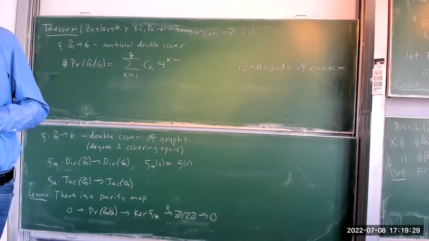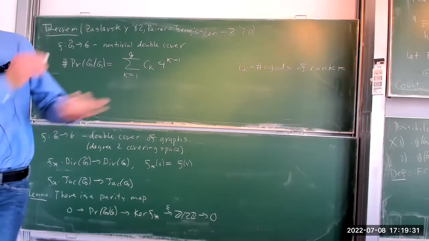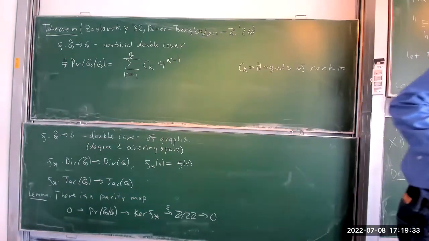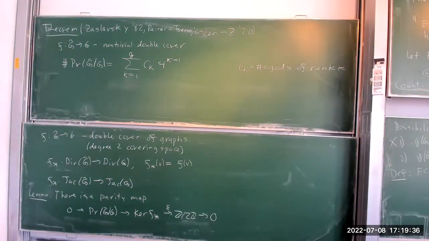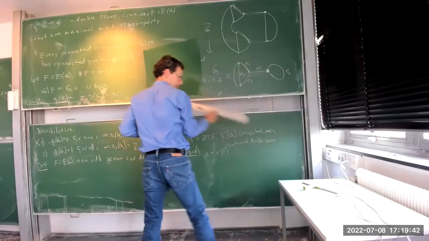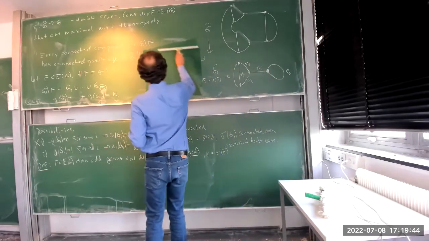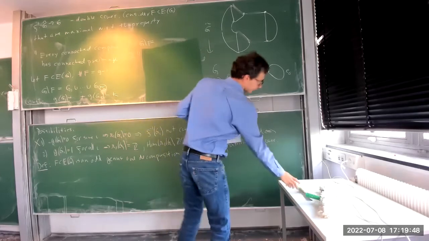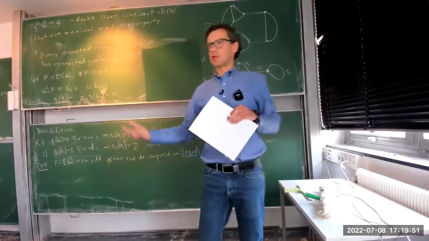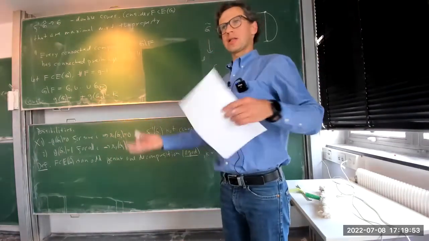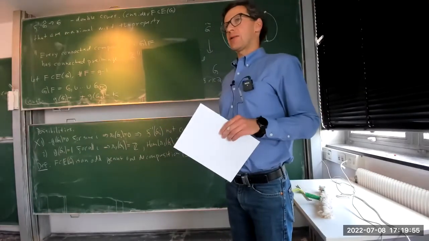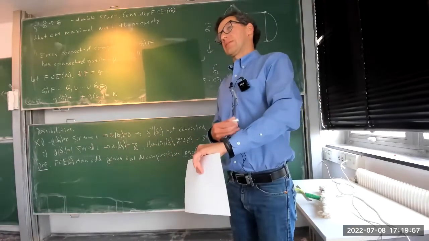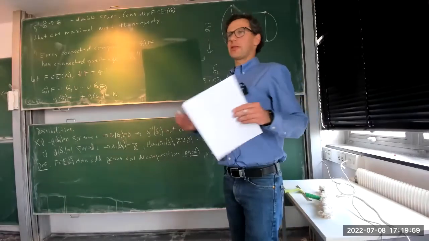yeah, I can't say. Actually, I should have done an example. So for this double cover here, more connected double covers will have a higher number of ogods, but we didn't really think about that question.